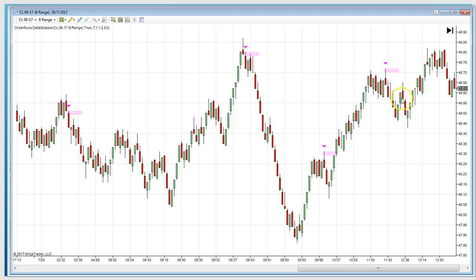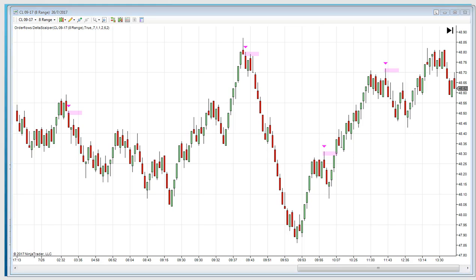So it's 20 ticks. Doesn't look like much because you had this big monster move here, but these are some nice trades. This is an 8 range chart in the crude. I prefer range-based charts as opposed to minute-based charts because I like to see how bars form as price moves, not how bars form as the clock moves.